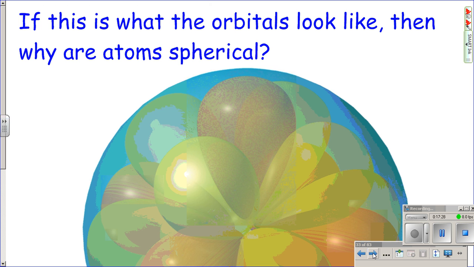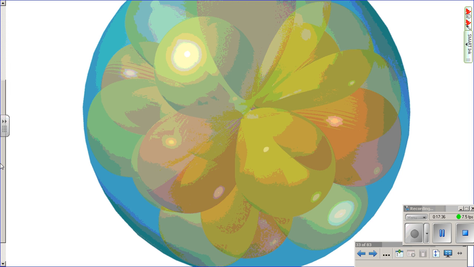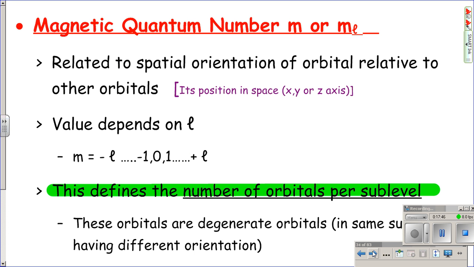Okay, so anyway, when you do get a chance to overlay all these balloon-shaped orbitals, and you kind of come to one common picture with them all in it, you can see them all together, it does resemble a sphere. So that's why we always represent atoms as spherical, even though they're possibly not. Who knows? Okay, so ML number. ML is going to refer to the L number, which refers to the N number.